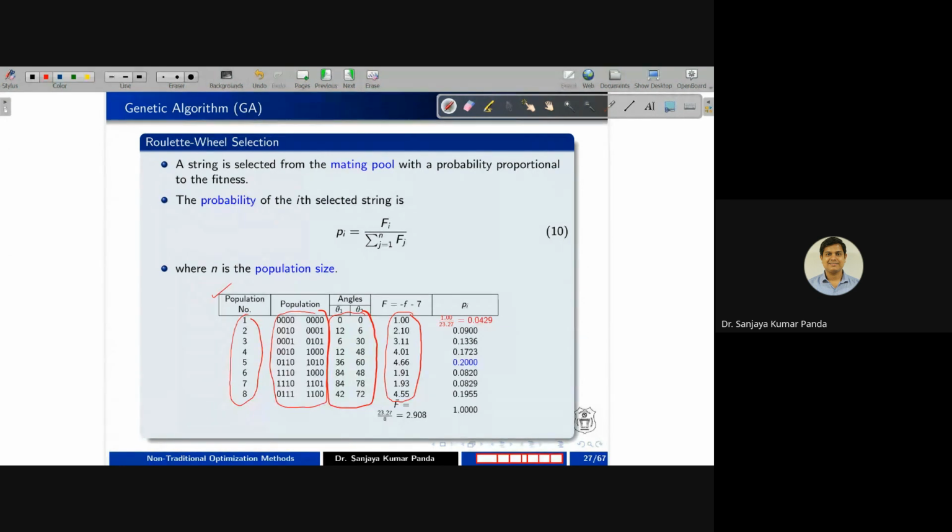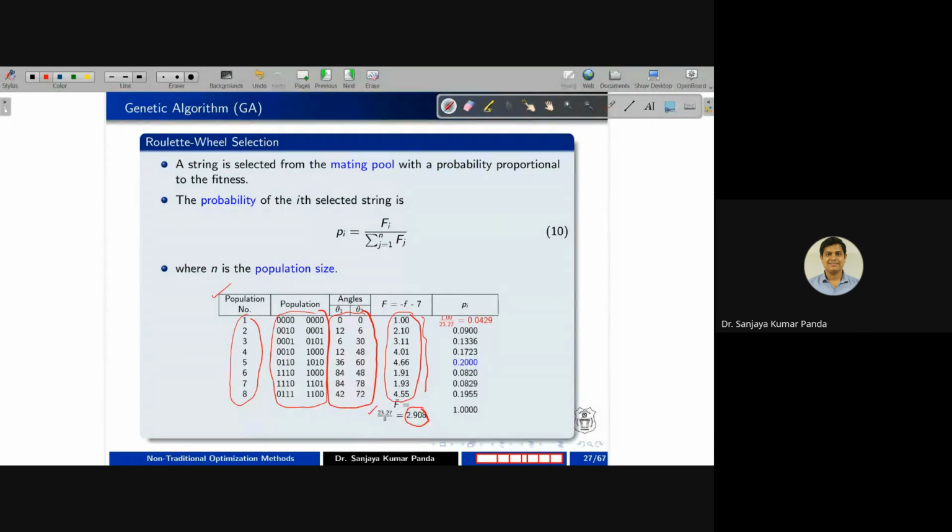Like in class, we calculate the average score to say that students who secured more than average are okay, and if they secure less than average, they are below average. If you sum all these values, you get 23.27. As the number of populations is 8, I divide by 8. Just a mean calculation, so you get 2.908.